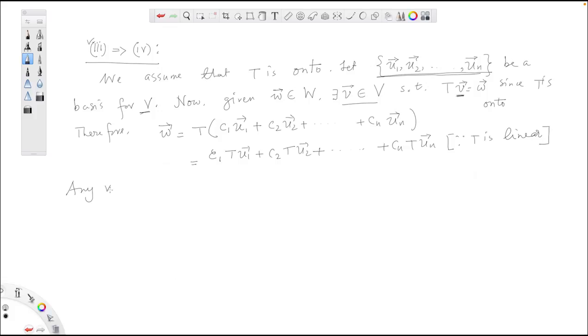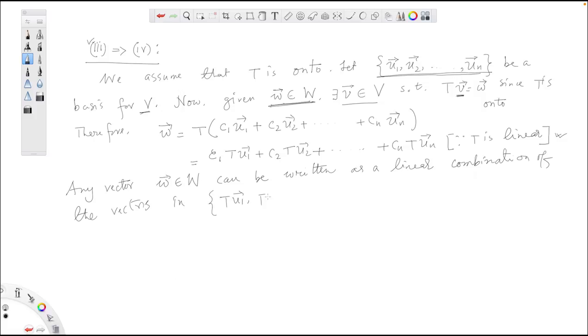Now from this expression we can see that any vector W in the vector space W, we started with that vector in the vector space W, and it turns out from this expression that any vector W can be written as a linear combination of the vectors in the set TU1, TU2 all the way up to TUN.